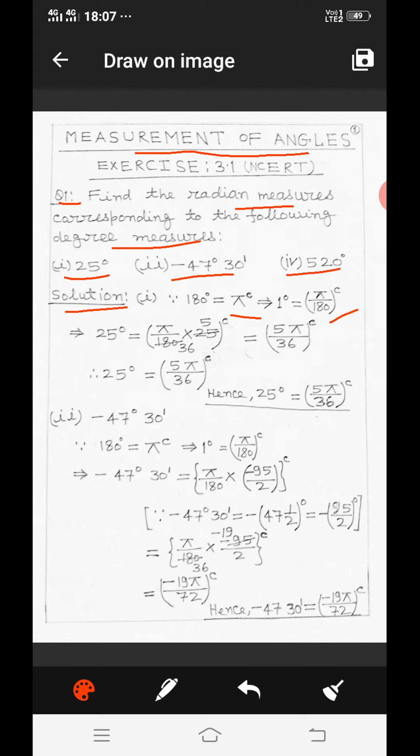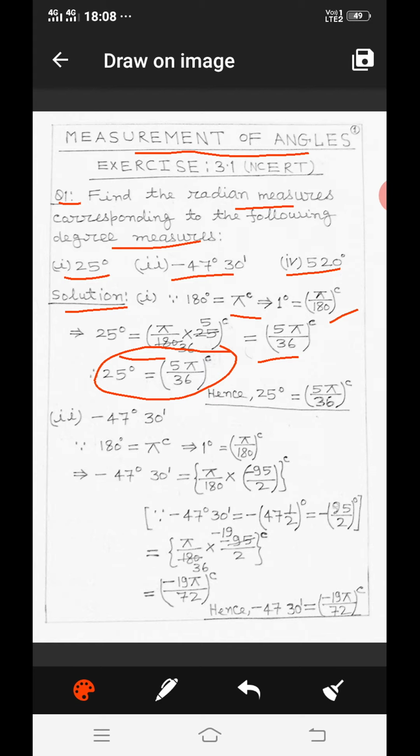So 25 degree is equal to pi by 180 into 25 radian, and simplifying this, we get 5 pi by 36 radian. So 25 degree is equal to 5 pi by 36 radian.